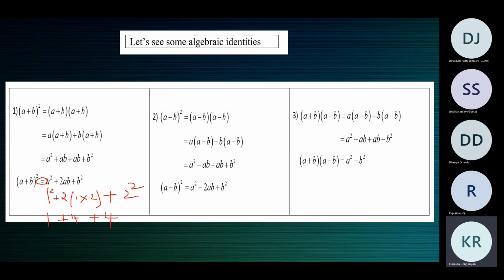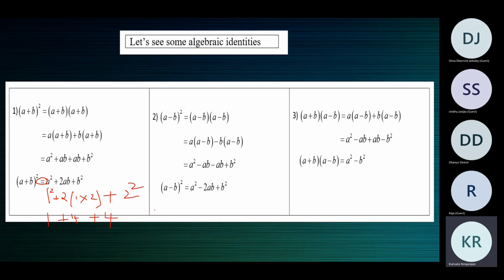An identity is an equality which is true for any value or all the values of the variables, all real values. It will be true for all real values of the variables involved. The variables A and B can take any real value. When you substitute and work the LHS and RHS separately, you will see that they have the same value. The LHS will be equal to the RHS.